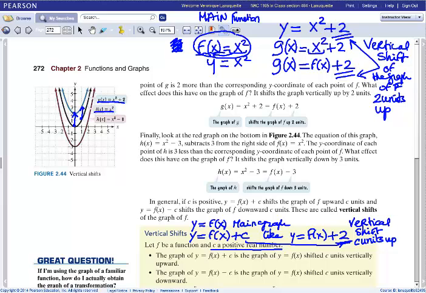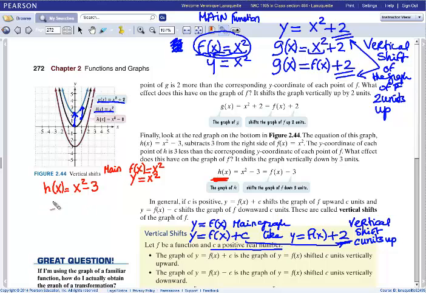Okay, so let's check that out. So now if we're taking a look at what we have for h of x, remember that your main function is f of x is equal to x squared. Again, y is x squared. Now if you're talking about h of x, let's see how they define h of x. They said that h of x is equal to x squared, in this case minus 3.